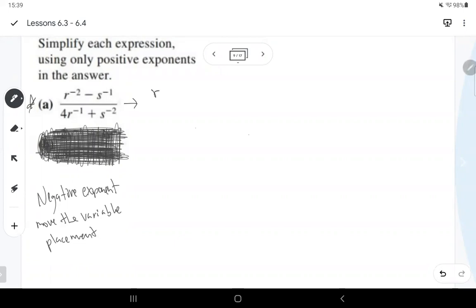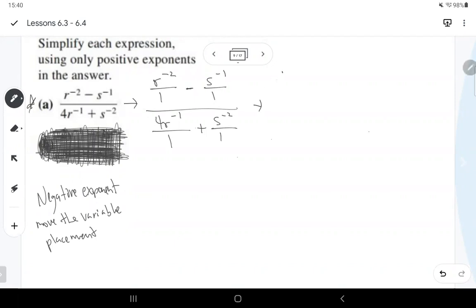What you need to see here is that this is really r to the negative 2 over 1 minus s to the negative 1 over 1, over 4 r to the negative 1 over 1 plus s to the negative 2 over 1. And be careful, because that 4 is by itself. It's not with that r to the negative 1. Now that we've done that, we can start moving things around.